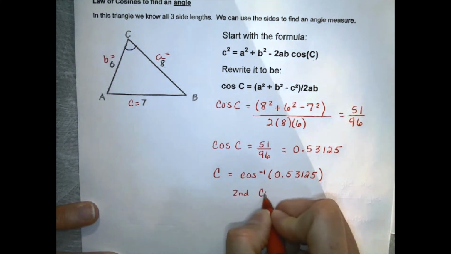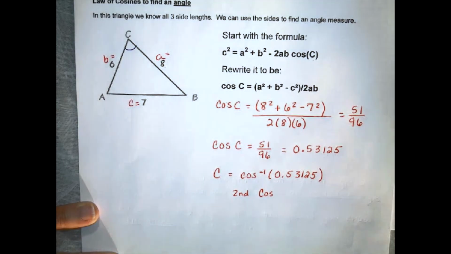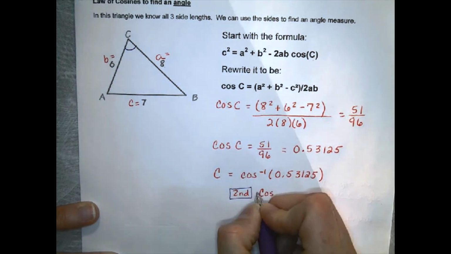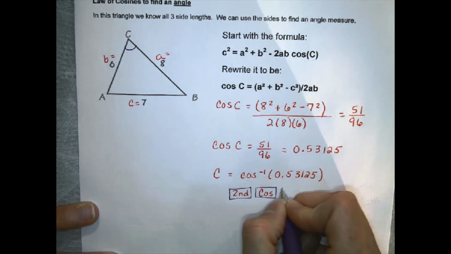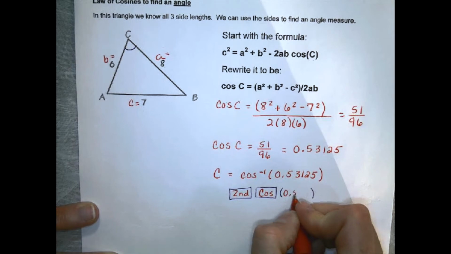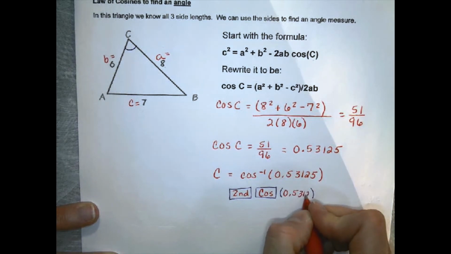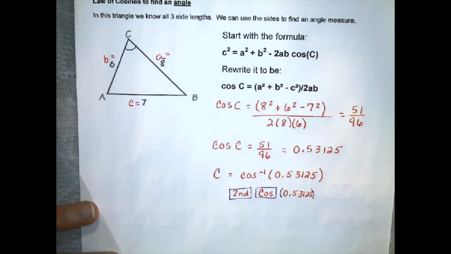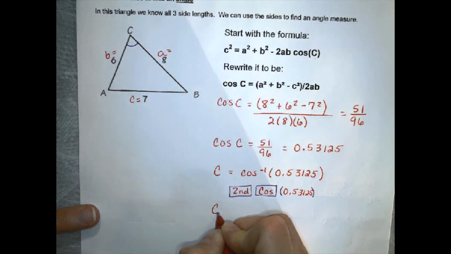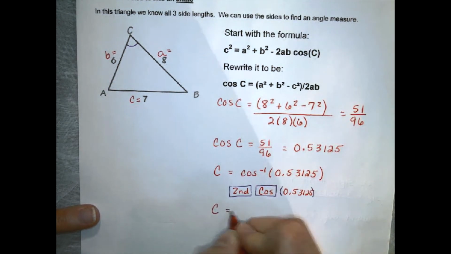So second, cosine, and then in parentheses, we're going to put the 0.53125. And when we do that, we will find that C, which is the measure of angle C, equals 57.9 degrees. And that's how I can find angle C.